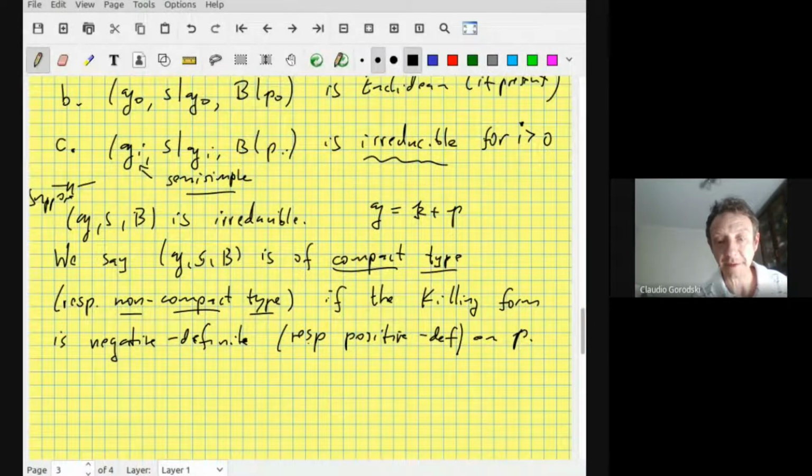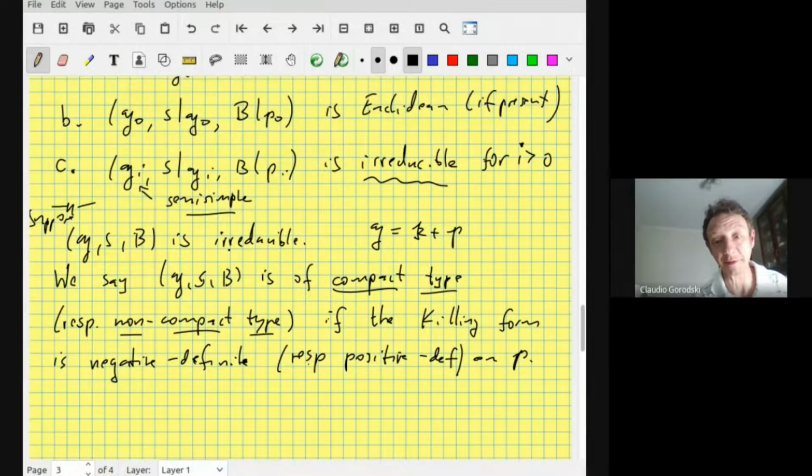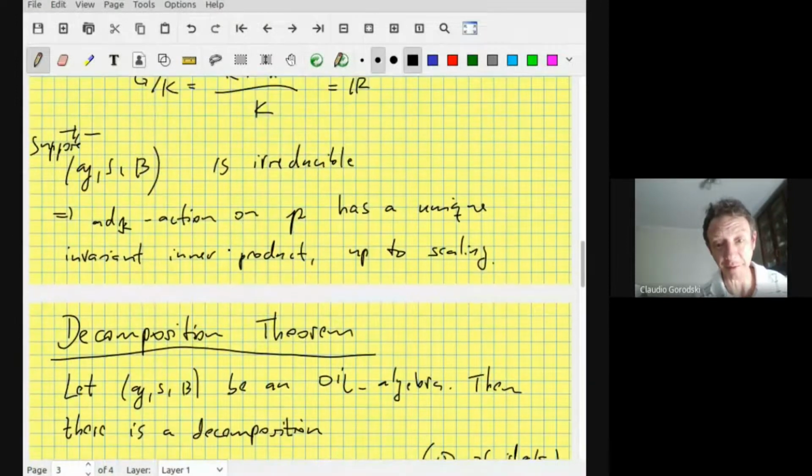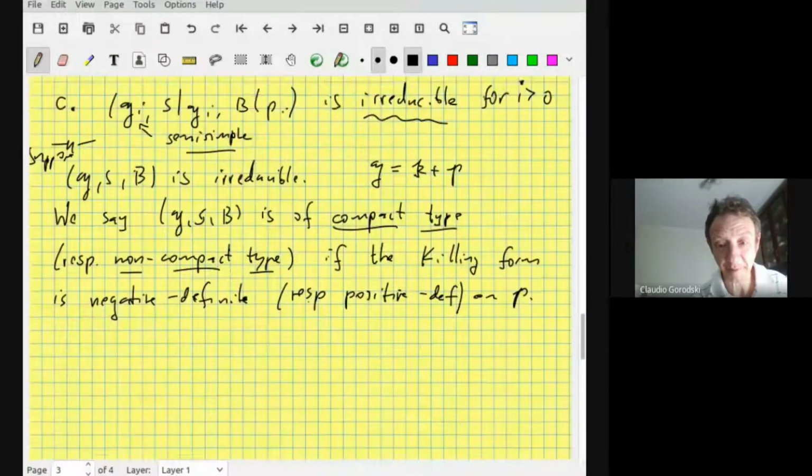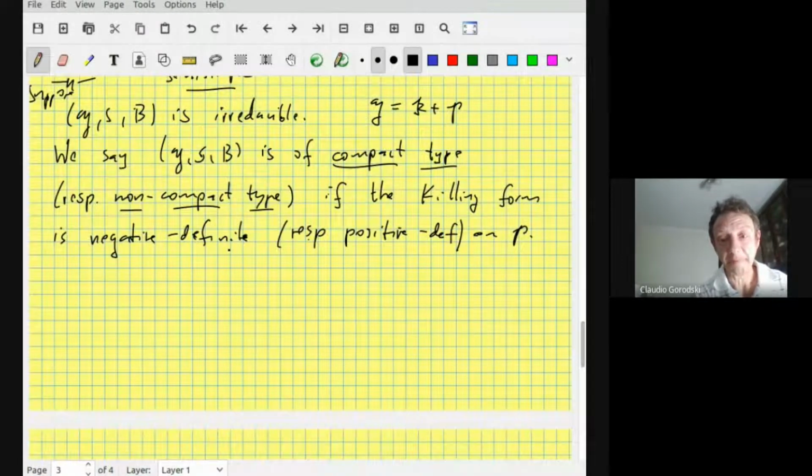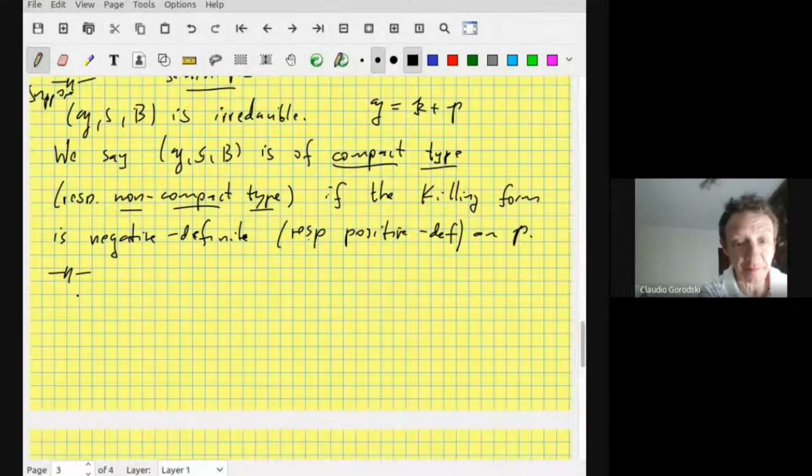So in fact, the Killing form and B will be proportional in the irreducible case, according to this remark here. Okay, now it's important to mention Cartan duality.